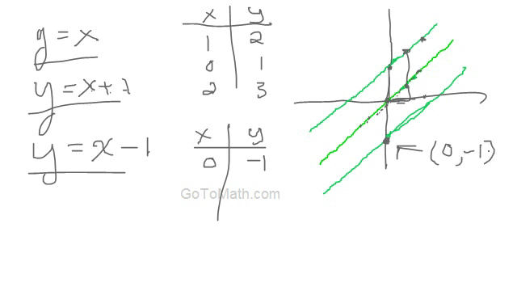Plug 1 in, and 1 minus 1 is 0. So obviously this thing's not to scale, because that's like 2 right there or something. So that would be the point 1, 0 on the graph. Of course, we can write that as an ordered pair if we want. 1, 0.